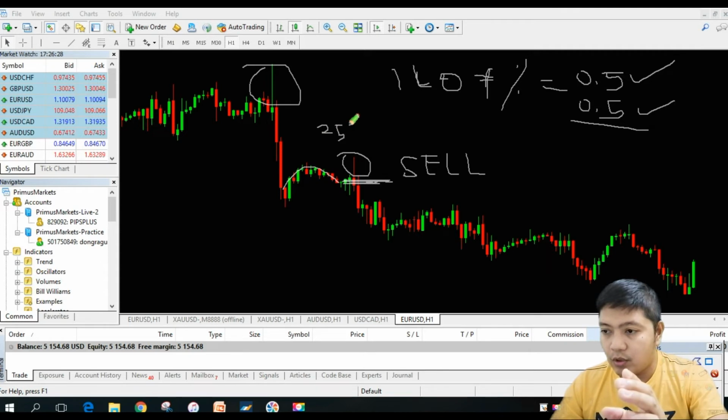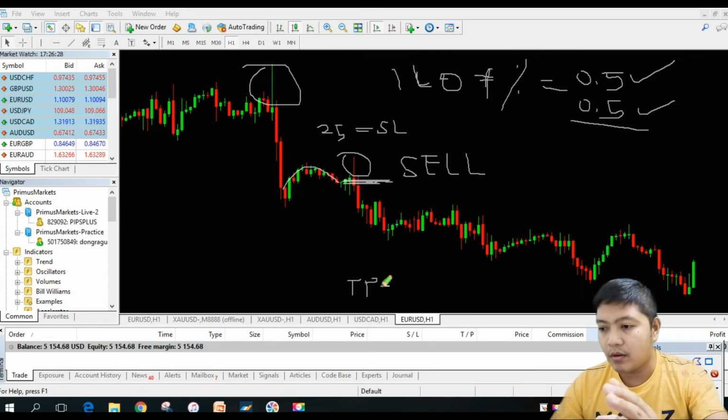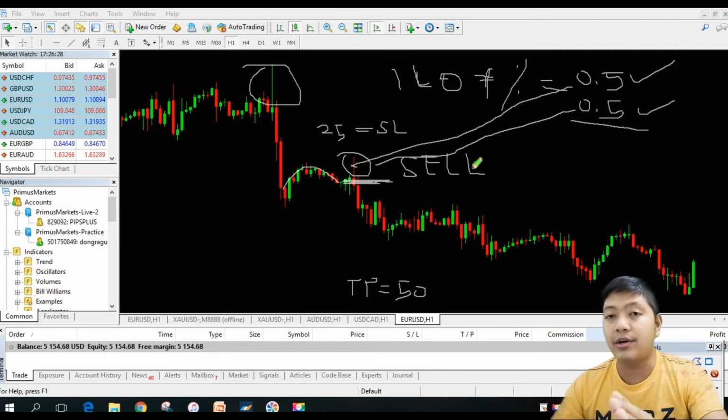So you decide 25 pips is your SL, and your TP here may be about 50 pips. So you have entered two sell trades at this point.